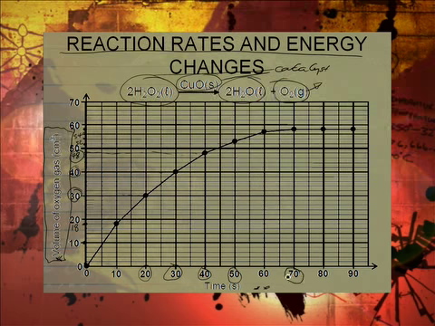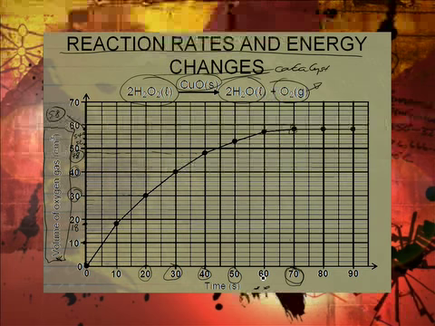But something interesting begins to happen at time interval 70. Look at it. It is at 58, this point here. 58 cubic centimeters of the oxygen gas formed after 70 seconds has elapsed. And from there, what do we see? We're seeing some leveling off of the graph.